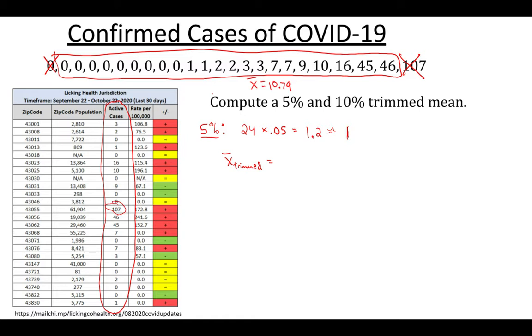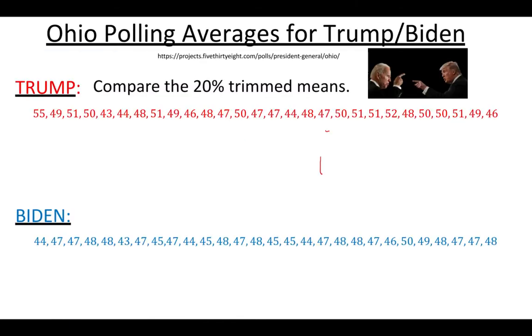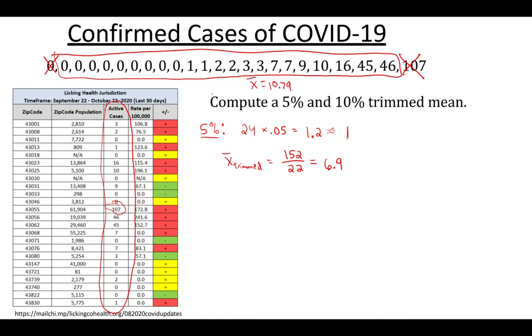And when you add up all those, excluding the biggest and the smallest, you actually get 152. And now be careful, we're not dividing by 24 because we eliminated 2 of them. We're actually dividing by 22 now. And that would give you about 6.9. So the 5% trimmed mean would be 6.9.